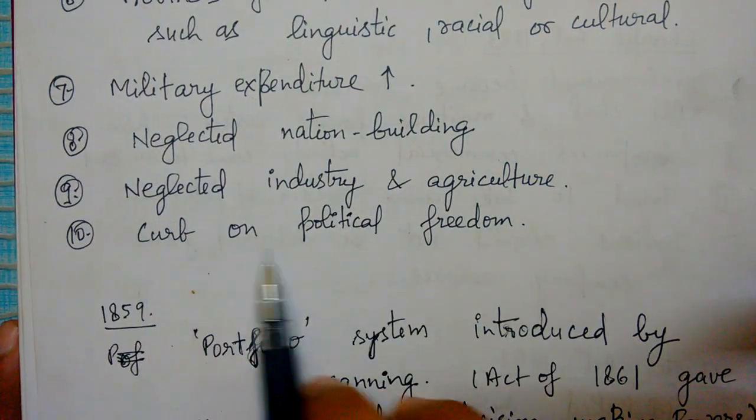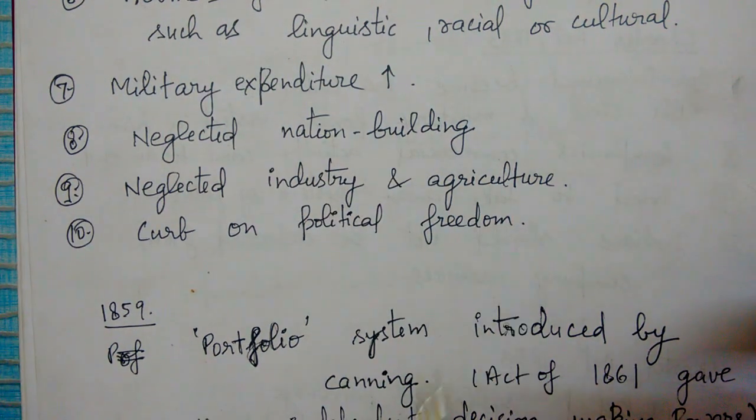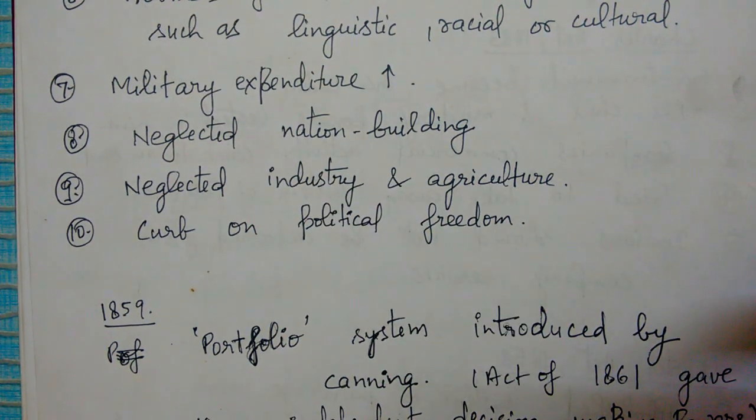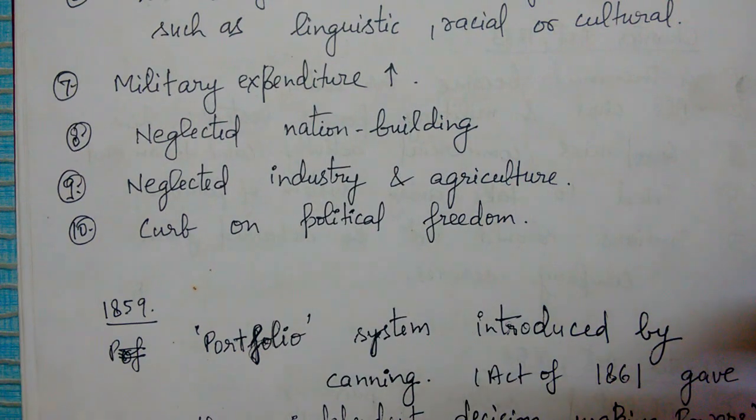And then the 10th point is the curb on political freedom. Again, so many acts came, like the Vernacular Press Act in 1878, and so many other acts, the Police Act, and these particular acts were formulated in such a way that they curbed political freedom. They didn't want any political activity in our country.